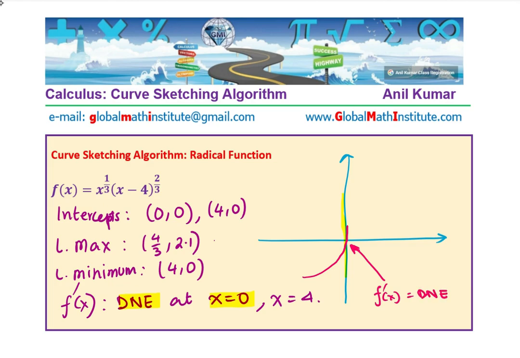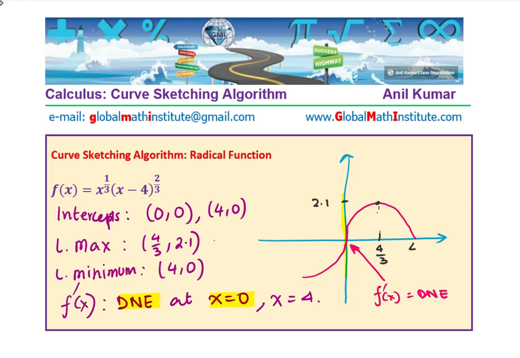You get the idea. And then we have a maximum value at 4 by 3. So now it has to turn and come down, right? Where this value, which happens to be at 4 by 3, we found that the value is 2.1, right? So that becomes the local maximum.